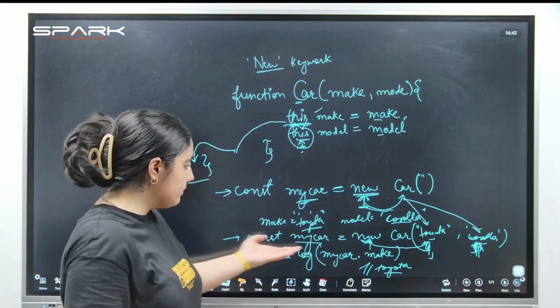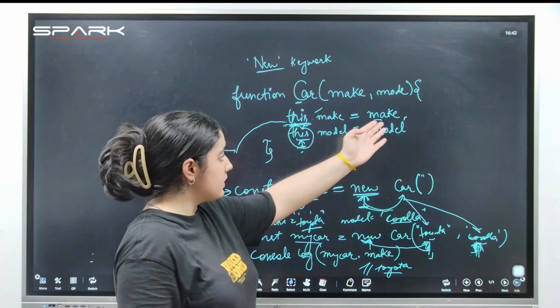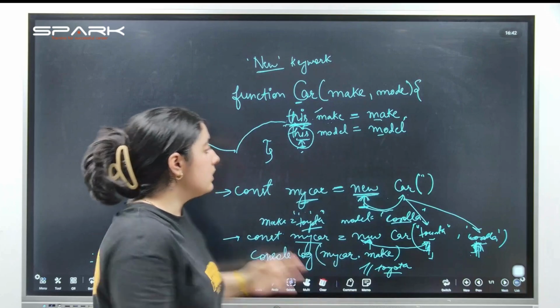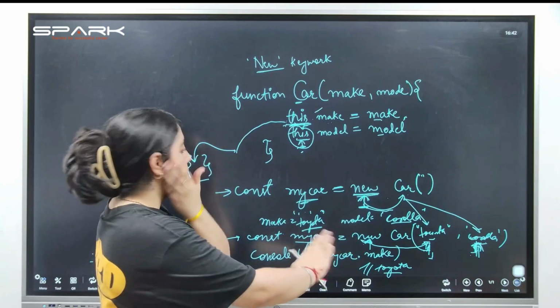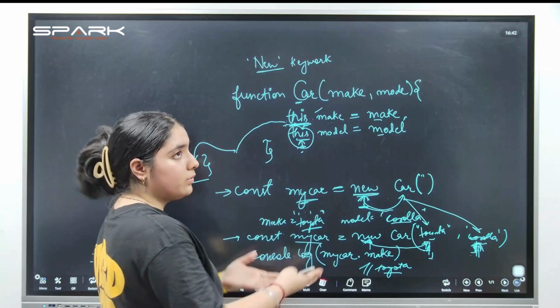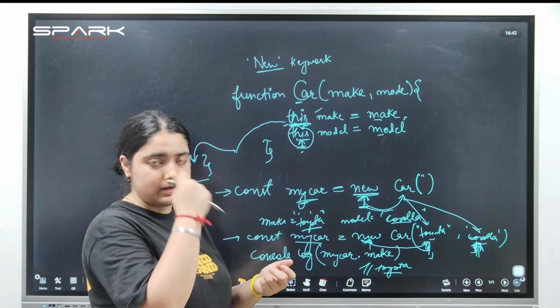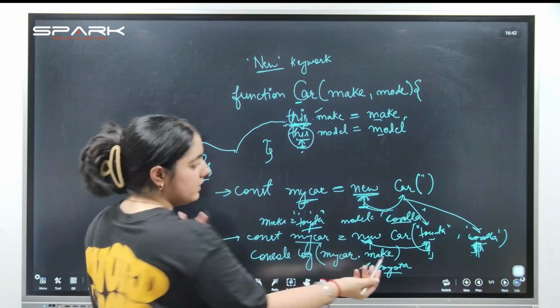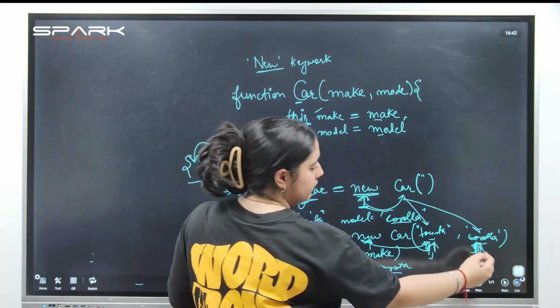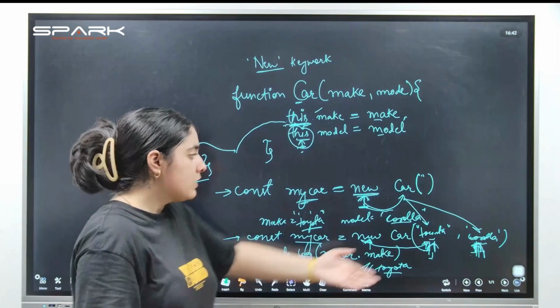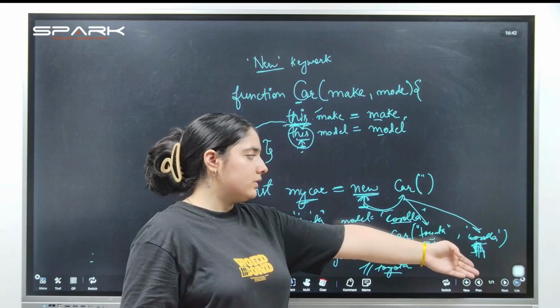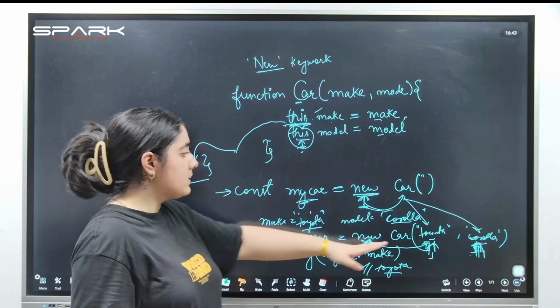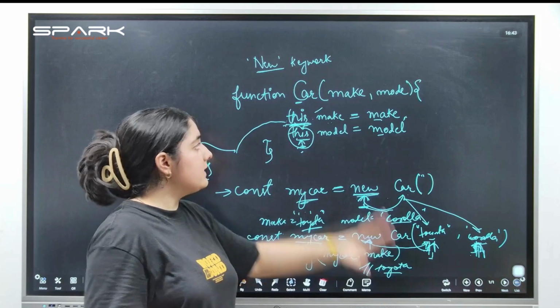So when we are using make and model, we have used the new keyword. We'll assign those parameters some value. Here I have taken Toyota and Corolla. We can assign any value. Once we assign the values, they are assigned inside the constructor.